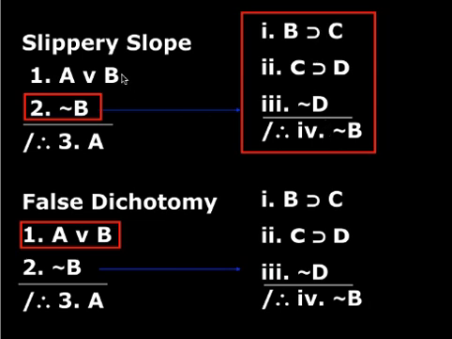Premise 1 was fine. There really are the only two options. Not B, that's the one that wasn't really established, or was established in a weak way. With false dichotomy, this is false. A or B is not true. There's maybe a C or a D, or X or Y. That's another option.